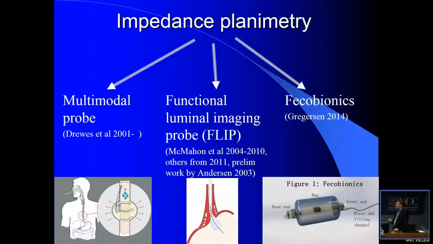At least for this time period, others have taken over after it commercialized in 2009 or 2010. And there was actually also some early preliminary work where we played around with multiple electrode sets back from 2003. And then the last device I will go into detail on is the Fecobionics device, and if you're more interested in that, there is a poster today.